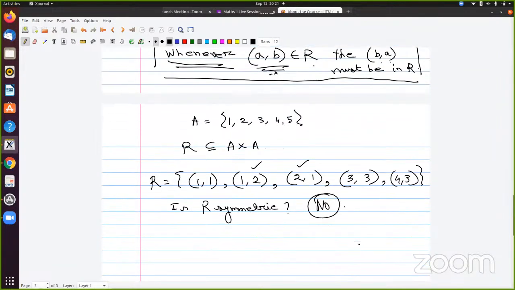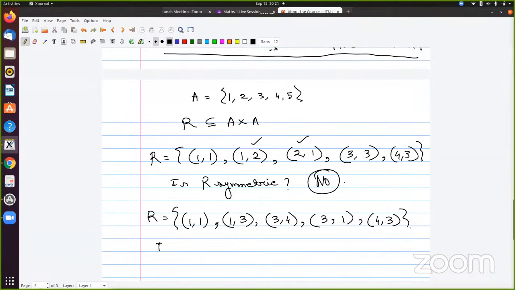I am giving you another example. Is it symmetric? For 1 comma 1, we don't have to worry.